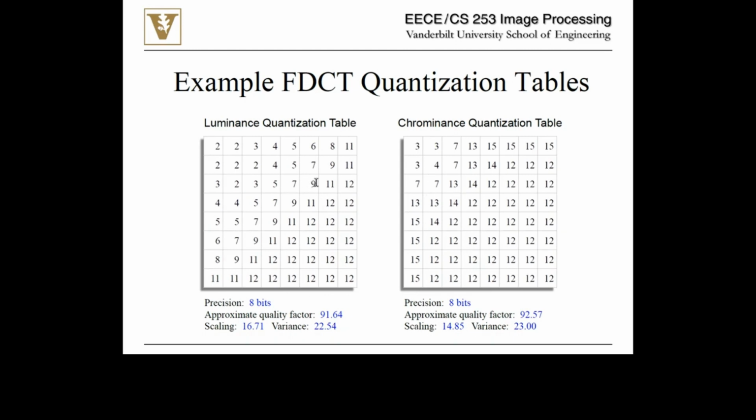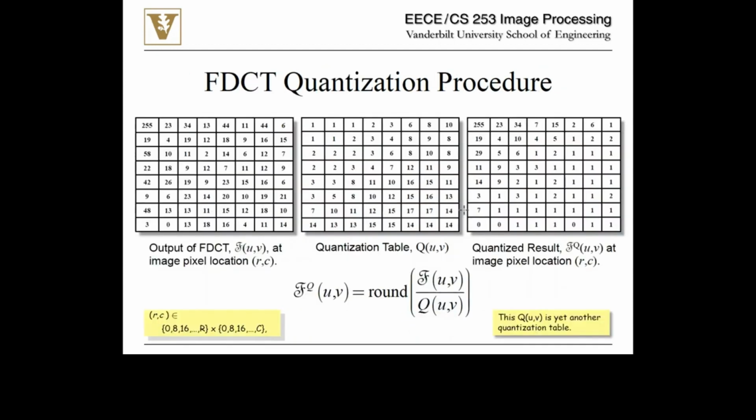The quantization tables are fixed tables, and we will see how to use them now. In these tables you have some numbers like 2, 3, somewhere between 1 and 15, or 0 and 15. And they are used in the following way.